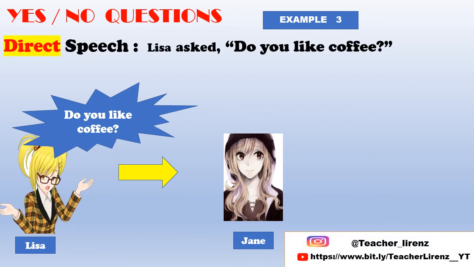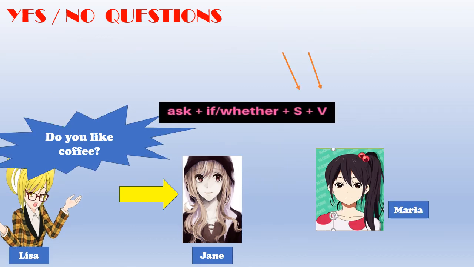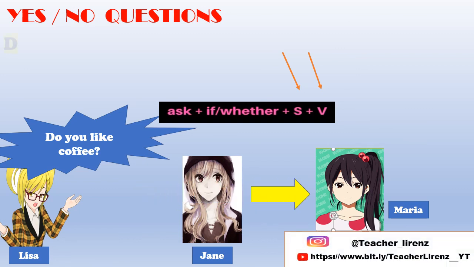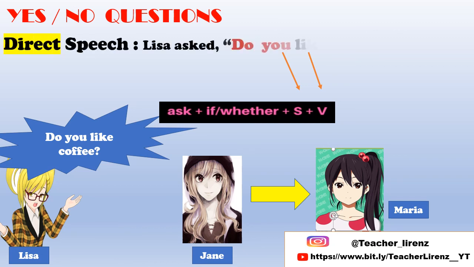Lisa asked, "Do you like coffee?" And then Jane will tell Maria. That's what we call indirect speech. Dari Jane memberitahukan kepada Maria. Lisa asked me if or whether I liked coffee.